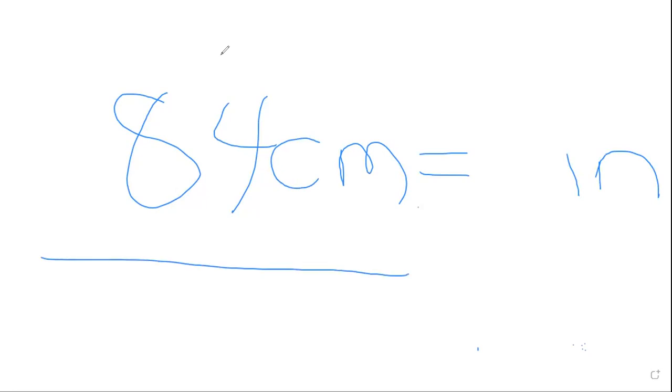So in that case, I'm going to divide by 2.54 to get my inches. The inch is shorter than the centimeter, so 84 divided by 2.54 equals 33.07, blah, blah, blah.